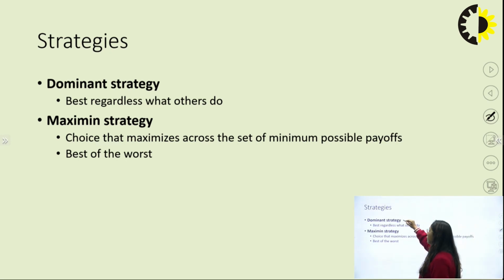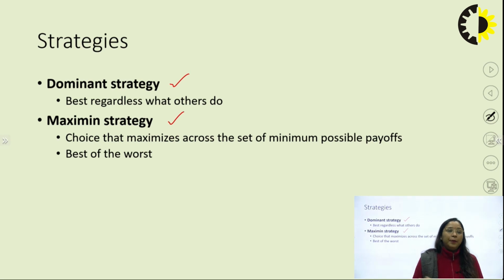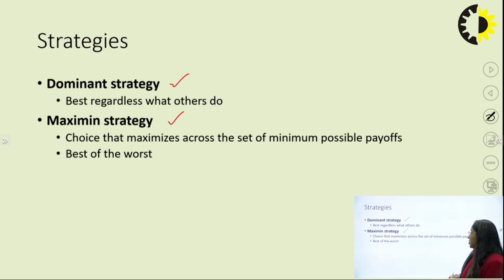Game theory can be solved with these two methods. One is dominant strategy, which is to have the best strategy in case of both the players, and the second is maximin strategy.